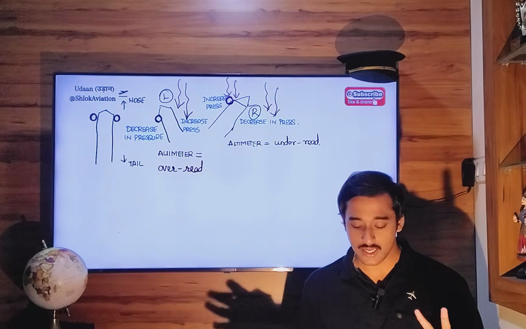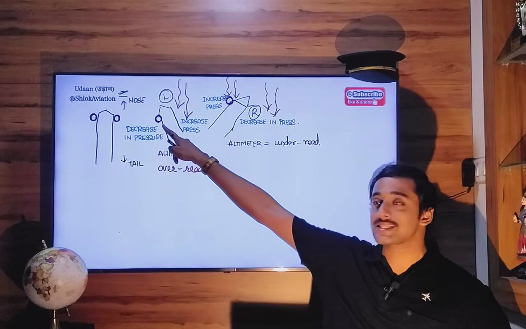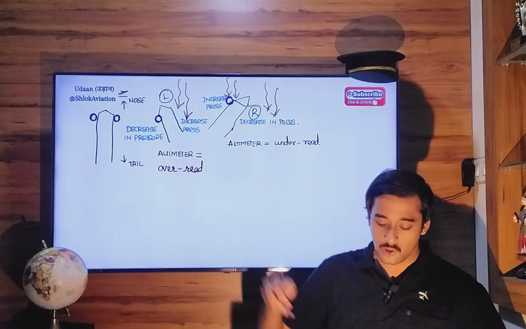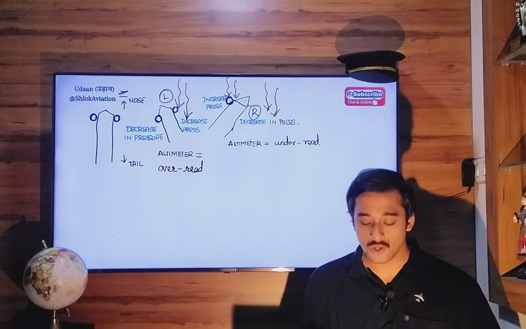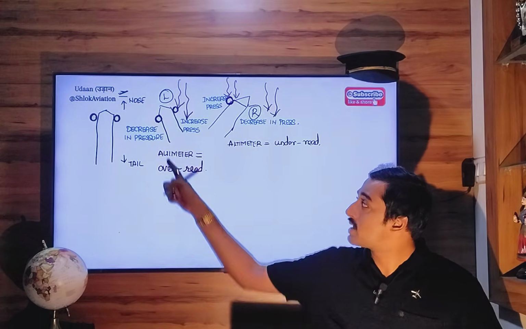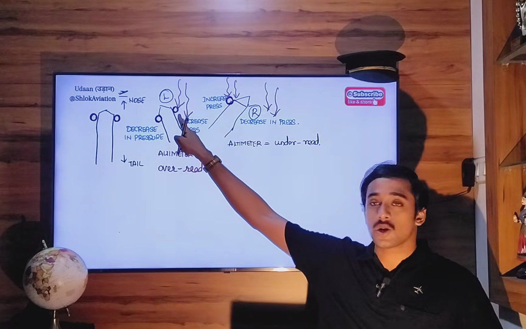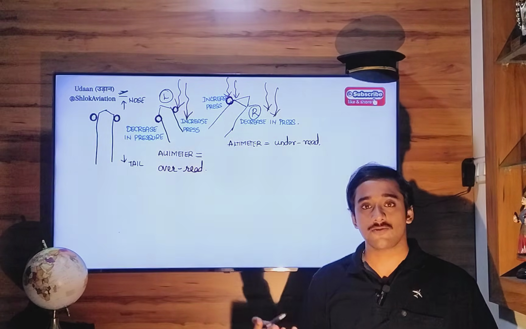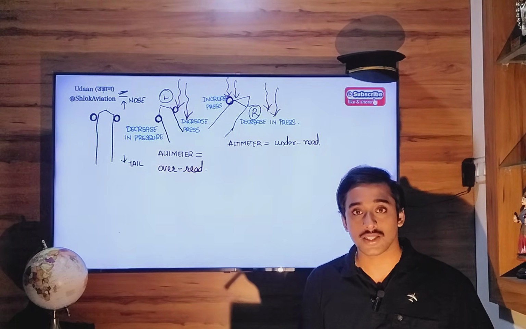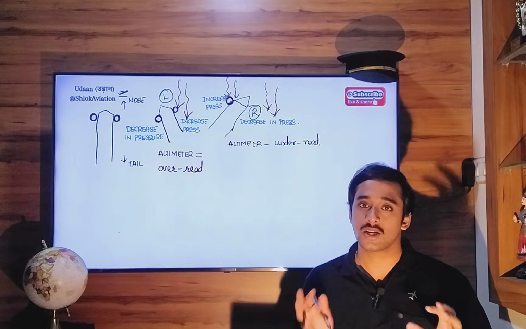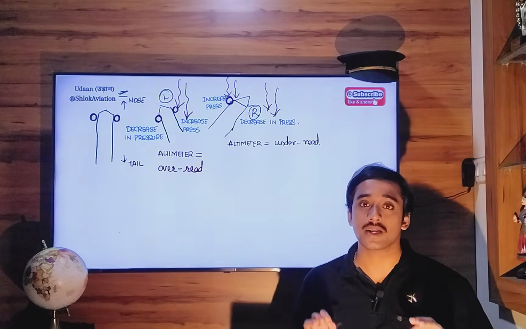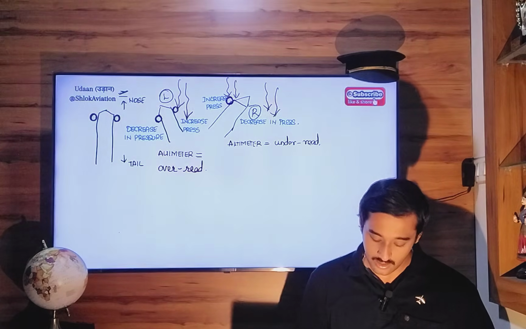So even if one static port gets hidden from the incoming airflow, the second one will be exposed to the relative airflow. The decrease in pressure here is counterbalanced by the increase in pressure on this side. So the end product is that we have the same static pressure registered, which is expected to be registered. So this is the advantage.